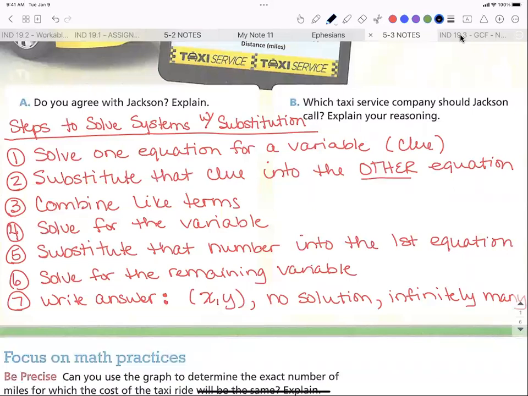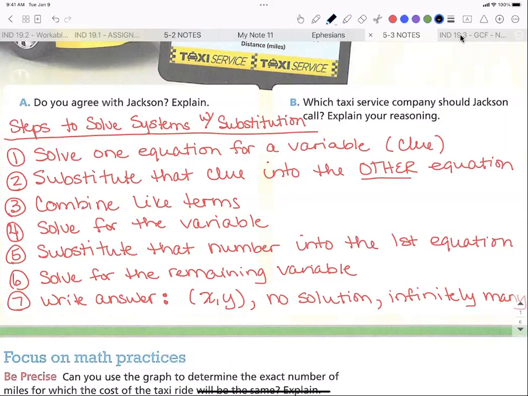These are the steps to solving by substitution. If you're at home watching this, or even if you're in class and you did not get all of these written down, or you can't read your own writing, pause the video right here and give yourself time to write it neatly so that you can read it, because this is a long process, but it's not a difficult process. It's just very long.